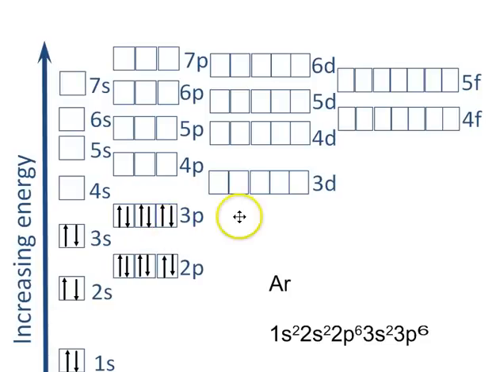Okay. Please notice, this is where we're going to stop for now, but as we go to the fourth period, things start to get a little goofy, a little more complicated. You'll notice that the next energy level up is 4s, but then 3d sneaks in there before the 4p. 3d has a little bit more energy than the 4s, but a little less energy than the 4p. So there's some overlap that starts to happen.